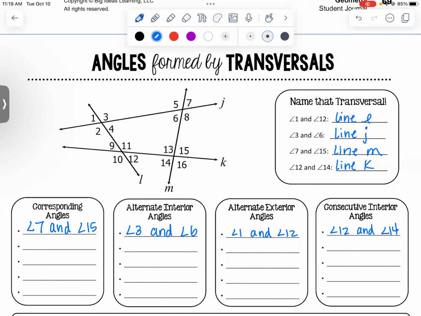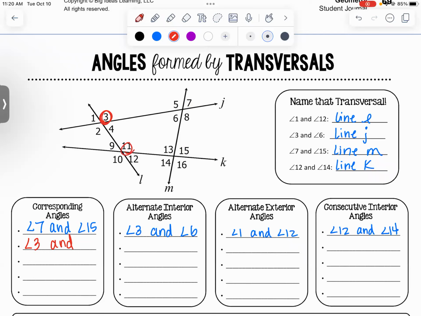Now we're going to work together to find a couple more pairs of corresponding angles. I'm going to pick angle 3. What is a corresponding angle to angle 3? There's a couple different answers because we have lots of lines, but 11.